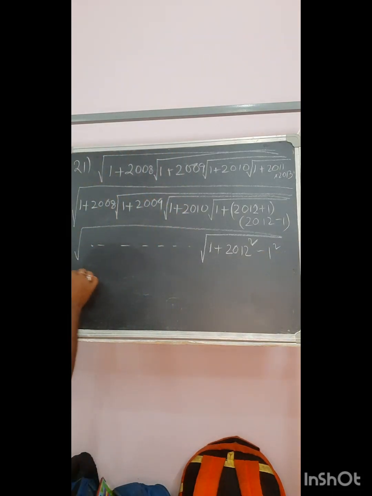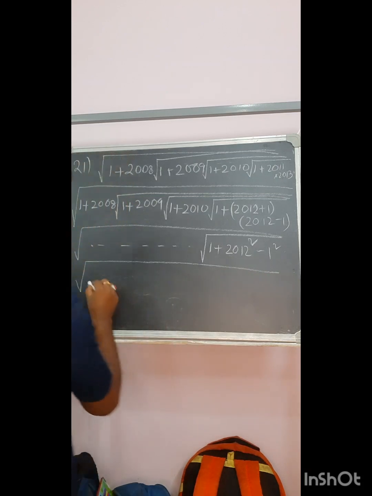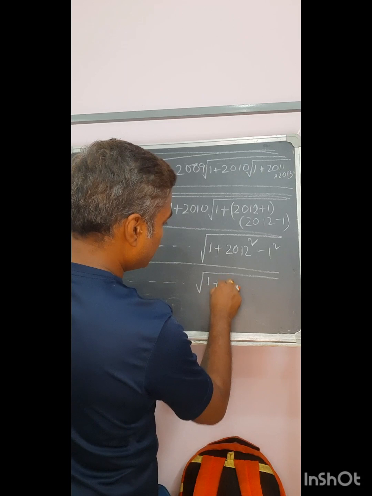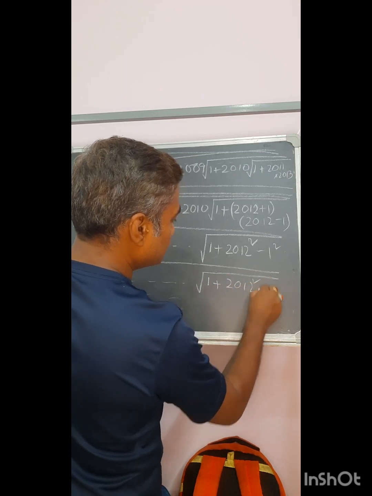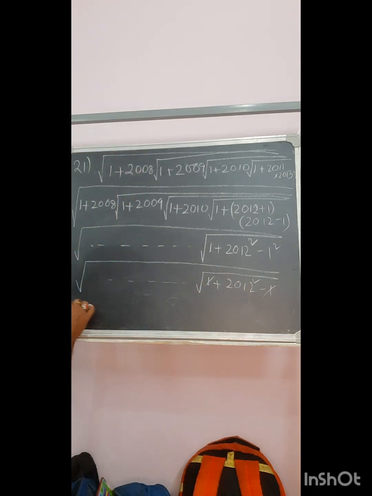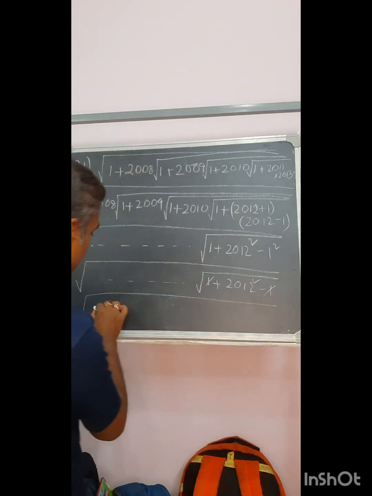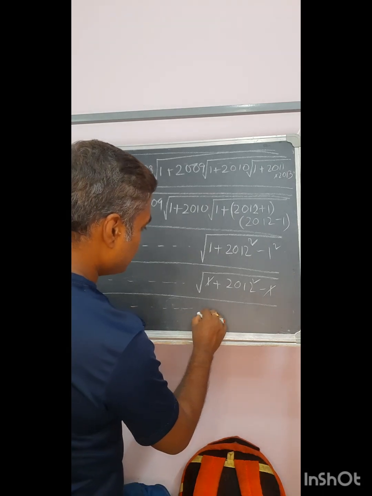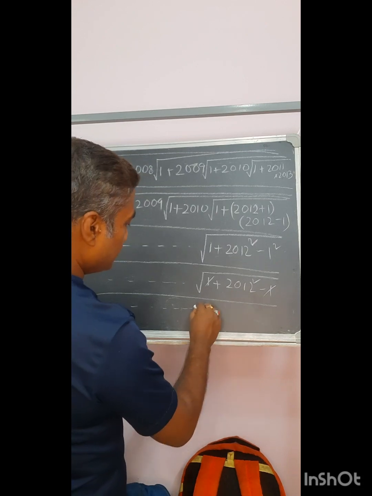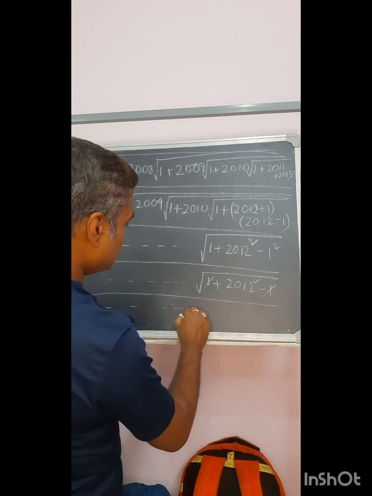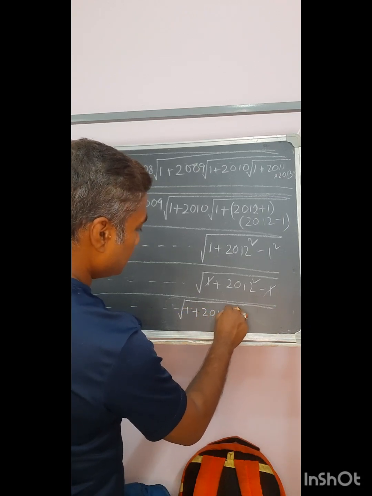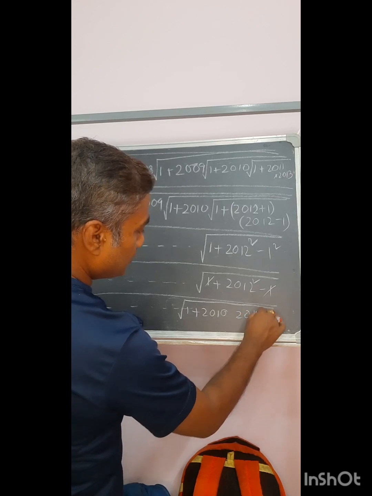Okay, now if I do like that, it will become 1 plus, I will not calculate this one, rather I will keep it. So you can see this one will be cancelled out. In the next step, if I take all the terms as they are, the 1 cancels, and only this term remains under the root. In the outside, if I take the next bracket, it will be something like 2010 into 2012.